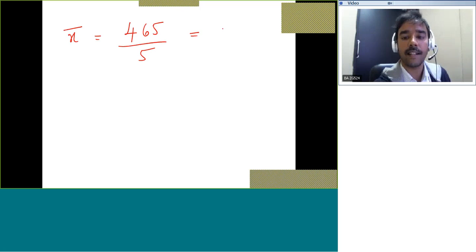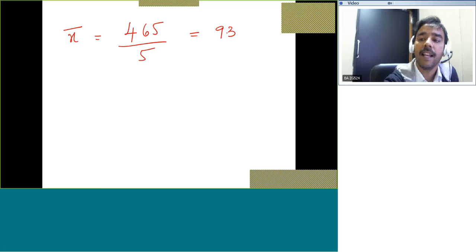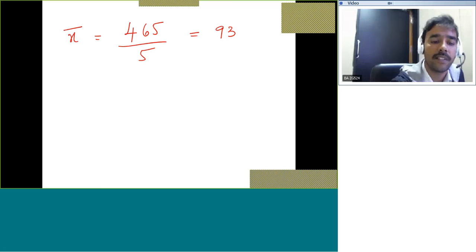That is 93. Now we want to calculate the point estimate for population standard deviation, which is the sample standard deviation. First of all, we'll calculate sample variance, then we'll go to sample standard deviation.